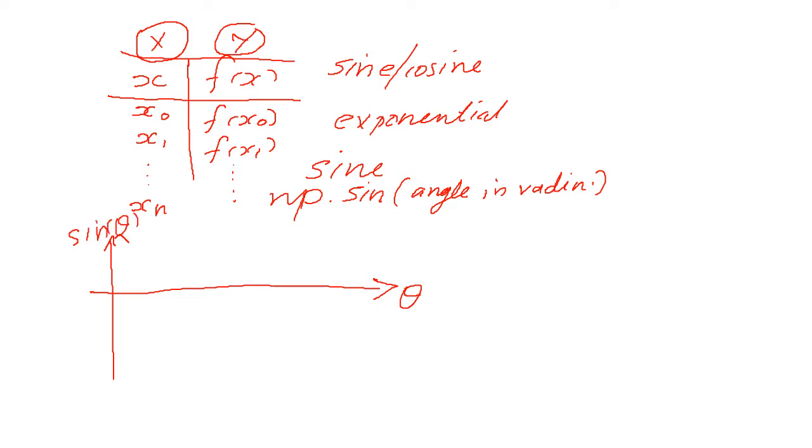We first fix the minimum value of theta, theta 0, and the maximum value of theta, say theta n. For instance, let it be 0 radian and 6 pi radian. Now we will divide these into a finite number of equally spaced points, say 1000 points, right?